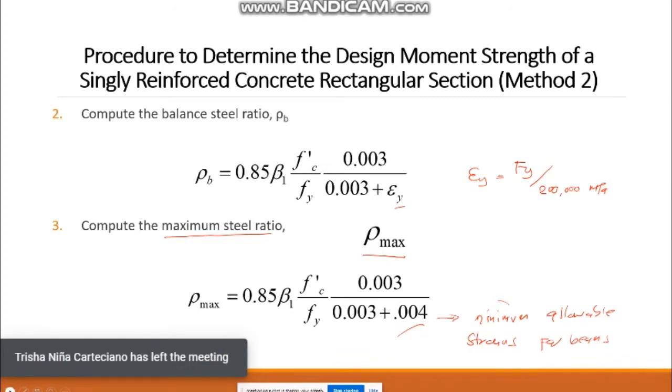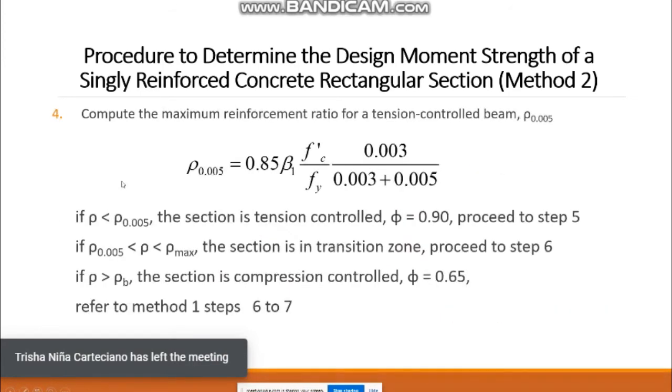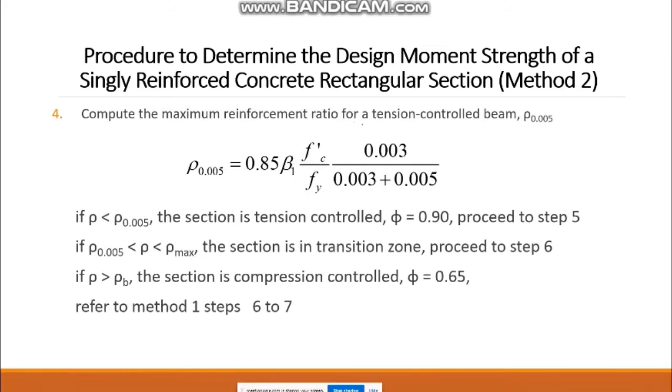That's rho max. Then compute the maximum steel ratio for tension control. No? So yan, as you can see, for tension control, di ba, dapat ang atong epsilon t is greater than or equal to 0.005.